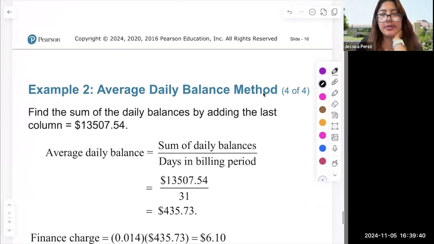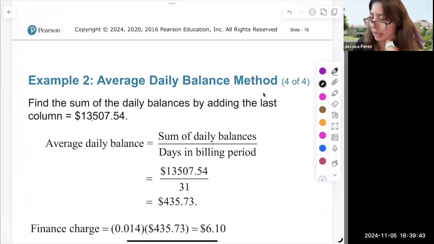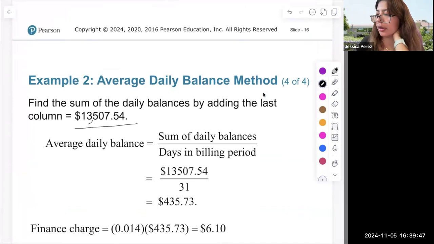When you add those values, you're going to get 13,507.54. So you sum the daily balances over the days in the billing period.